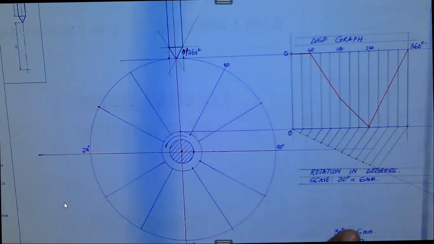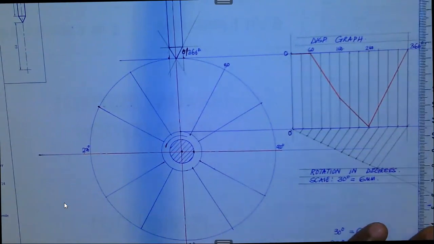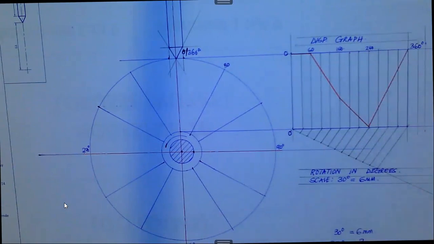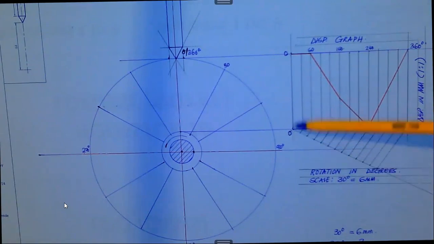Then you also need this label on the vertical one. You write displacement in millimeters, or you write displacement 1:1. What it means basically is that the 1 millimeter that you measure on this side is representing the actual millimeter of the movement. So this is what we refer to as the total displacement.